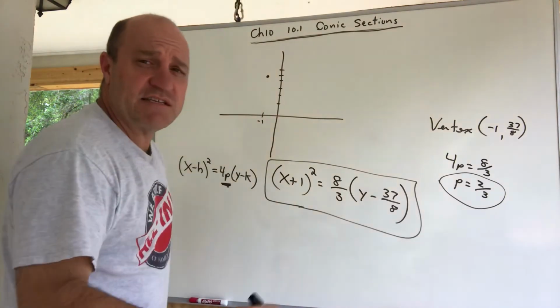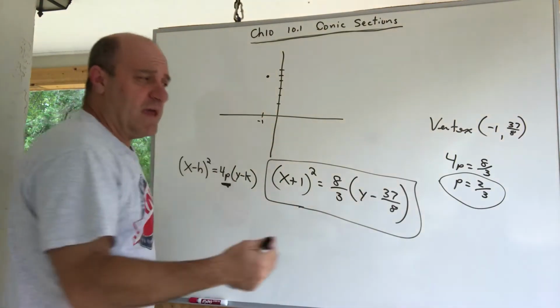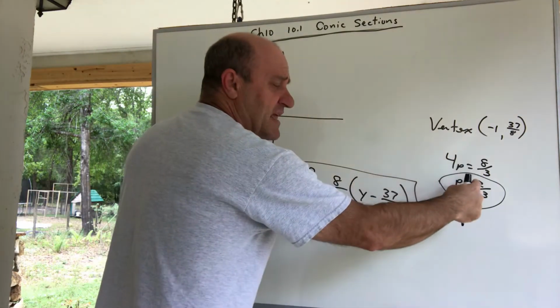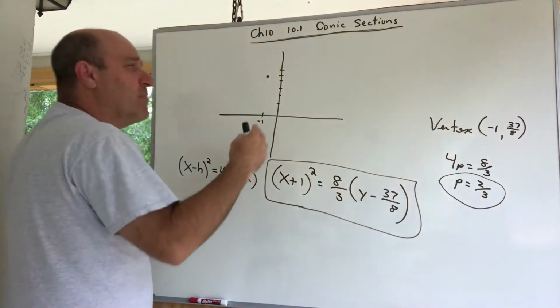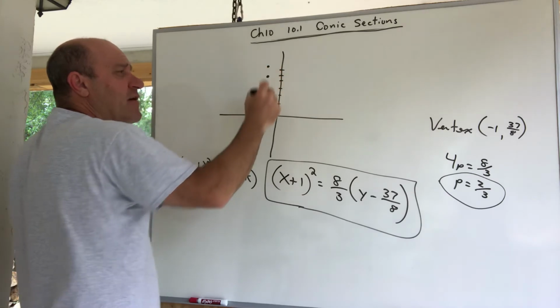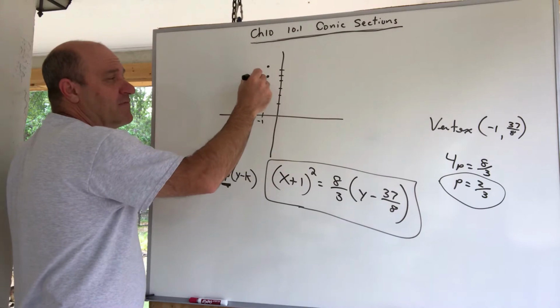And p is the distance from the vertex to the focus. It was a positive number. If this would have been negative, maybe you would have called p negative, and you would have gone down to the focus. But this parabola opens up, and the focus lives right there, and it lives a distance of 2/3 from the vertex.